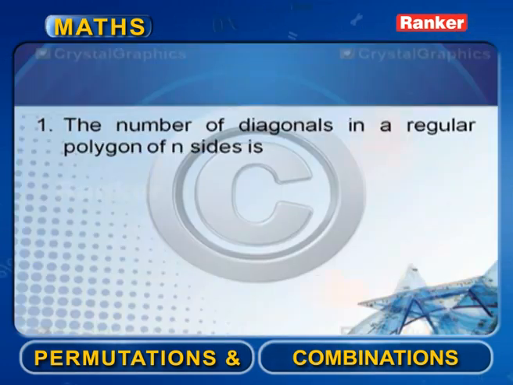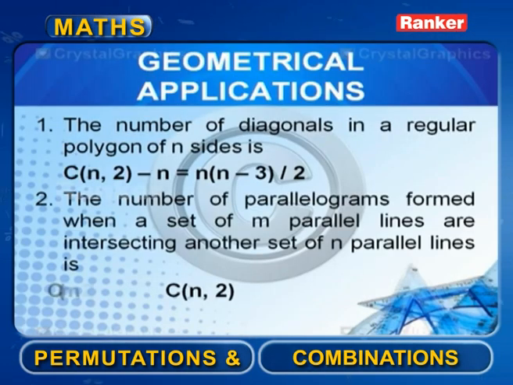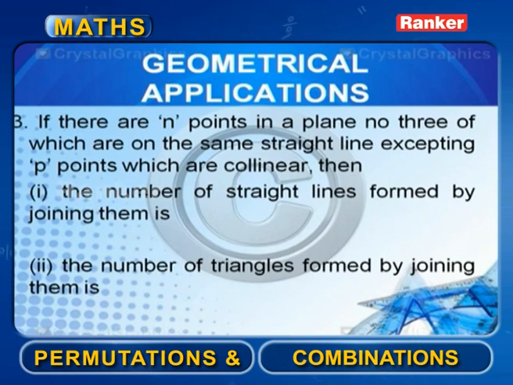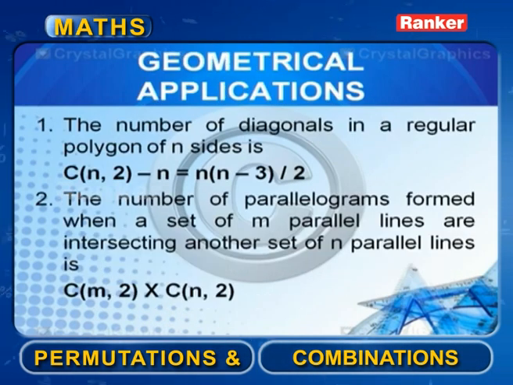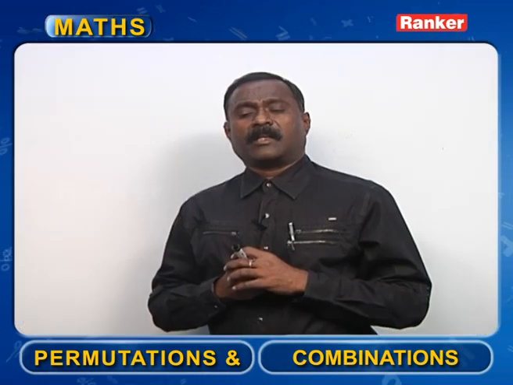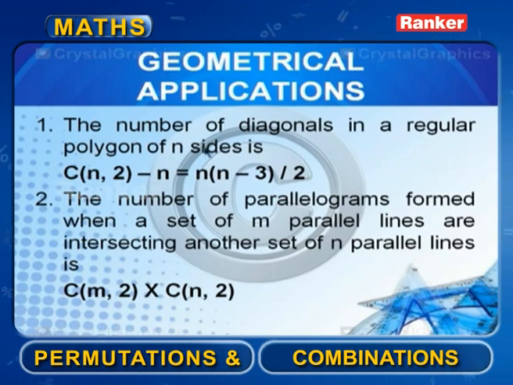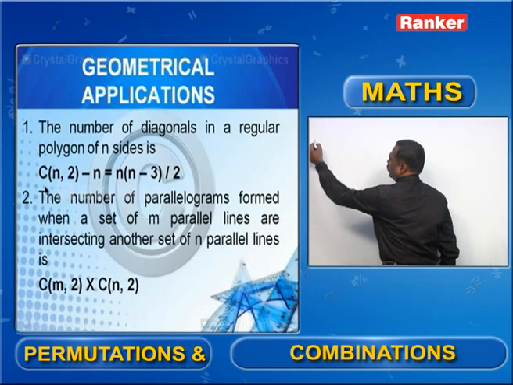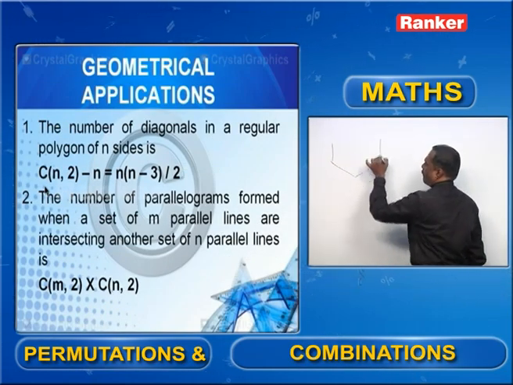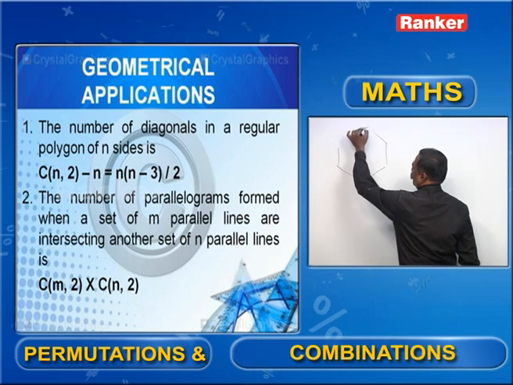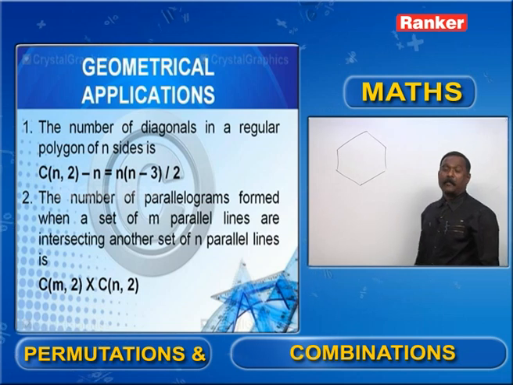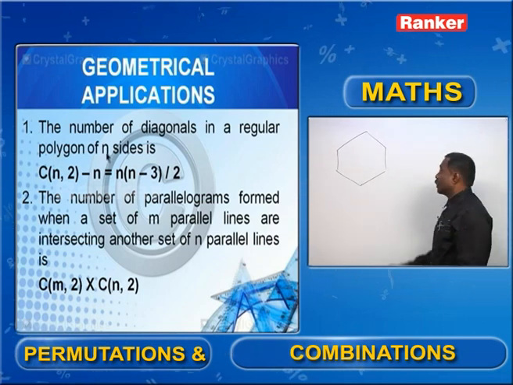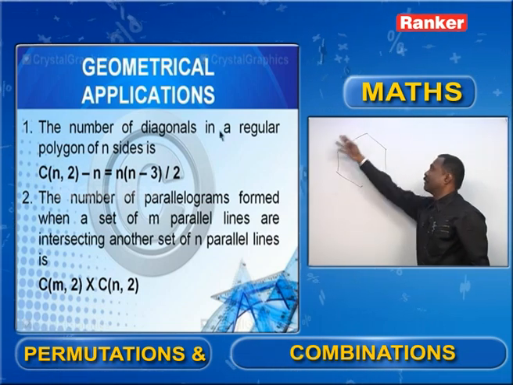Geometrical applications is the topic today. Geometrical applications of combinations. So what are the geometrical applications? See that one carefully: the number of diagonals in a regular polygon of n sides. I have taken a hexagon, 1, 2, 3, 4, 5, 6.